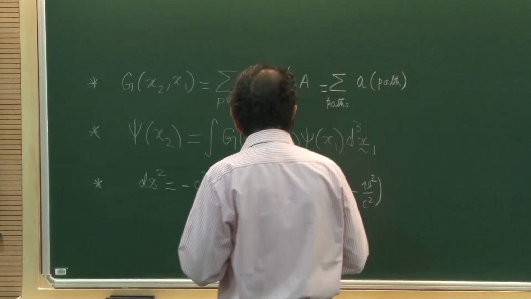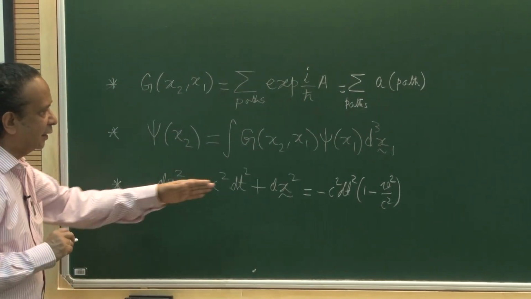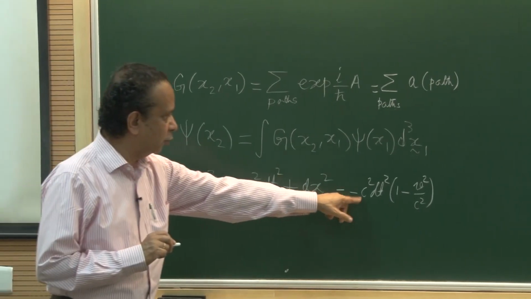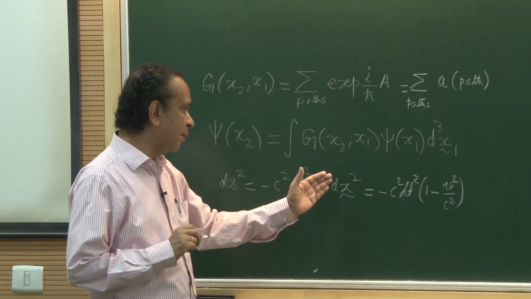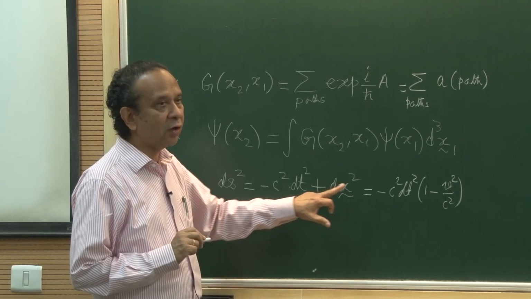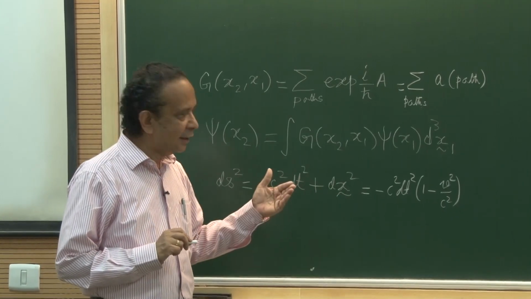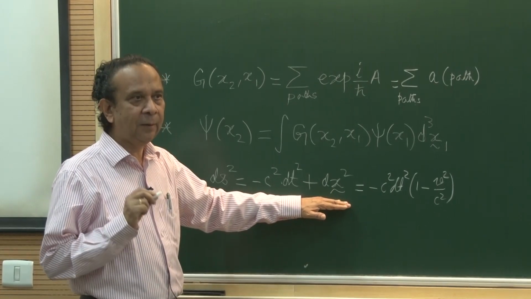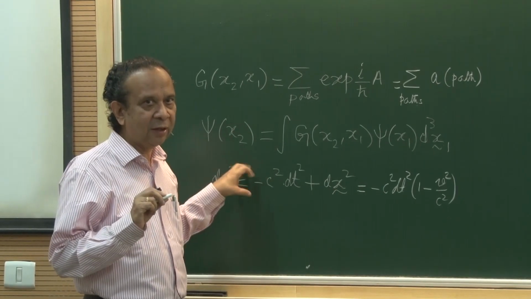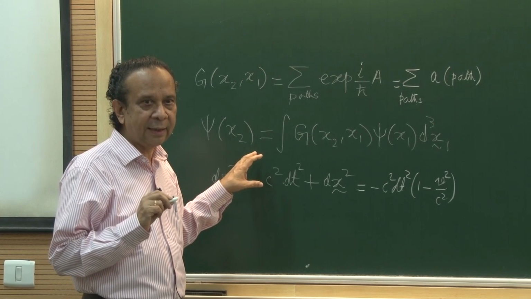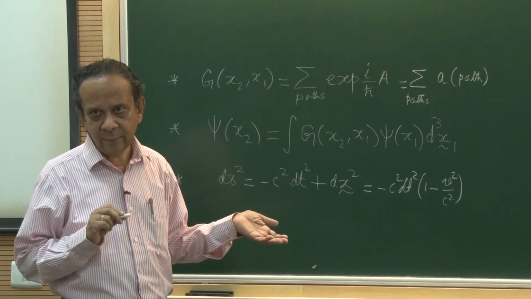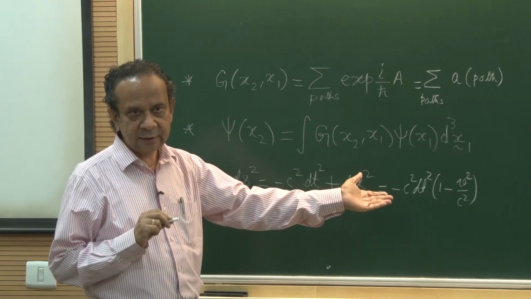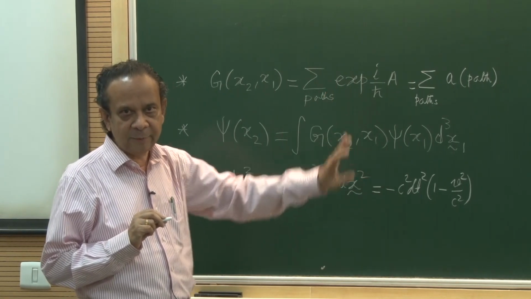If I want to take the length, it is ds with an extra minus sign, because I don't want this minus sign to hang around. That is why many people use c square dt square minus dx square, but I thought it is nicer to have dx square, the spatial part, come with a positive sign, and whatever is extra in relativity with time, that comes with a minus sign. So don't worry about the minus sign. If it bothers you, you just flip that.